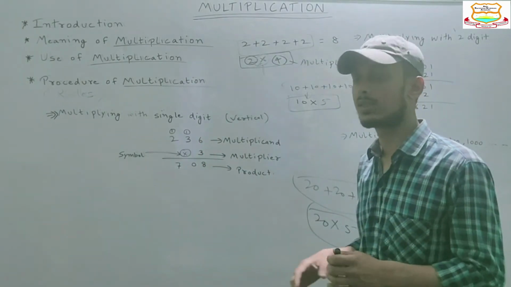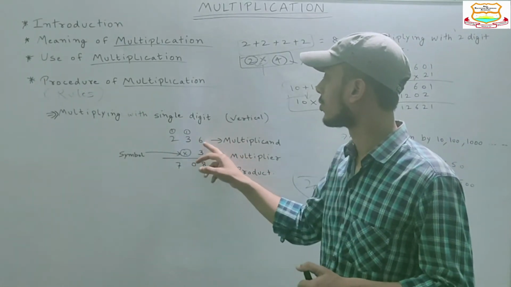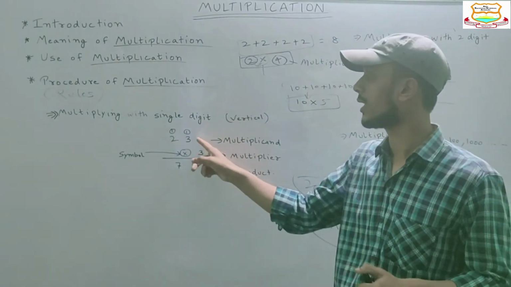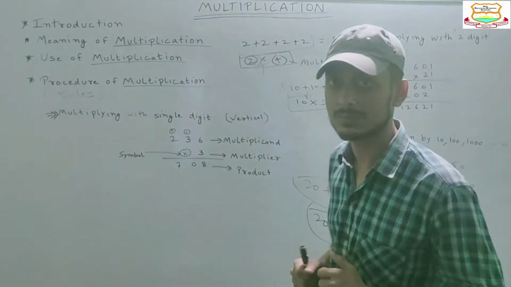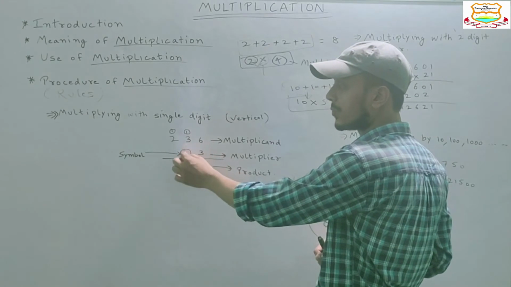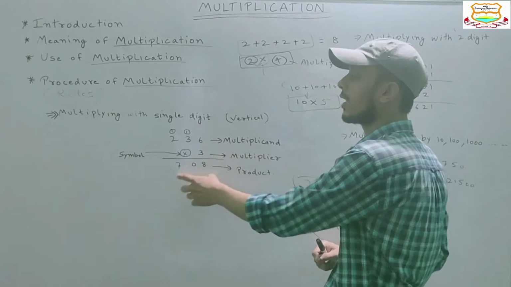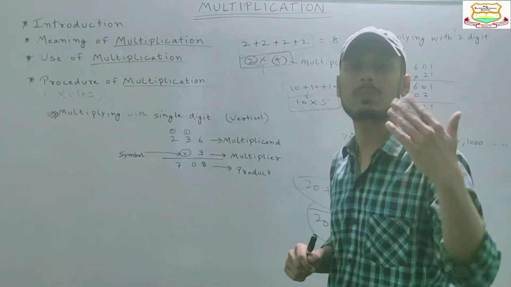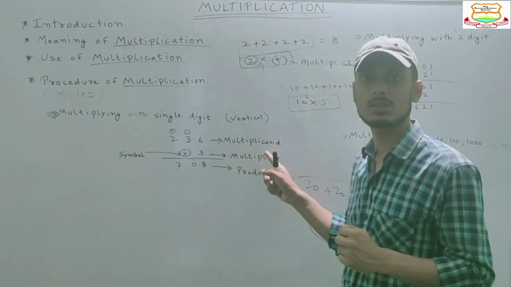Now let us see the different terms, the different names allotted to these numbers. Every number has a particular name. Here 236 is multiplied with 3. The number which is multiplied is called the multiplicand.